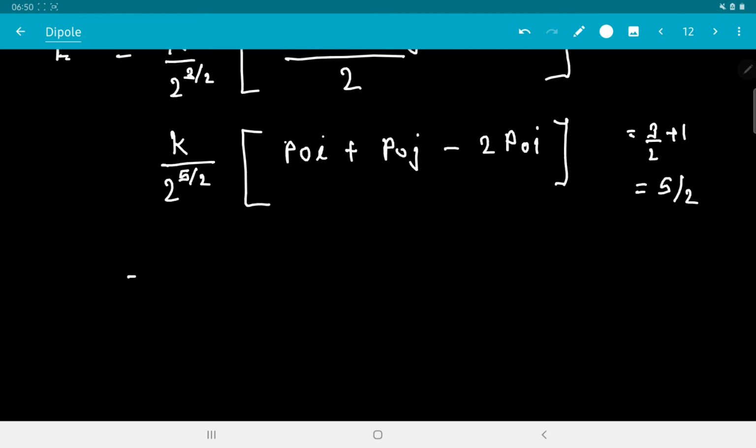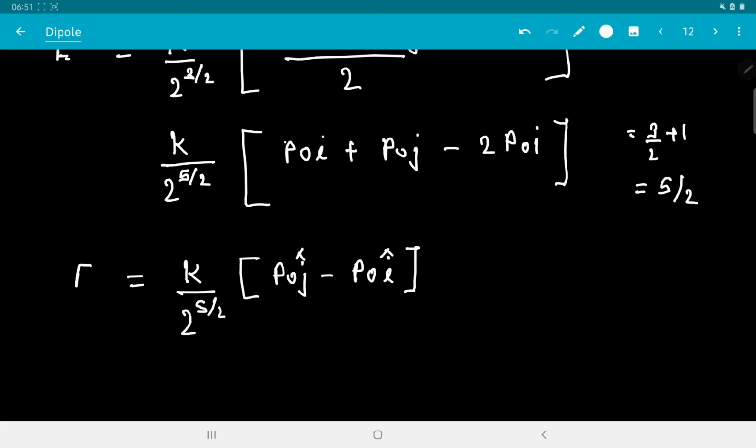The final answer we can write: k divided by 2 raised to 5 by 2, into p naught j cap minus p naught I cap.